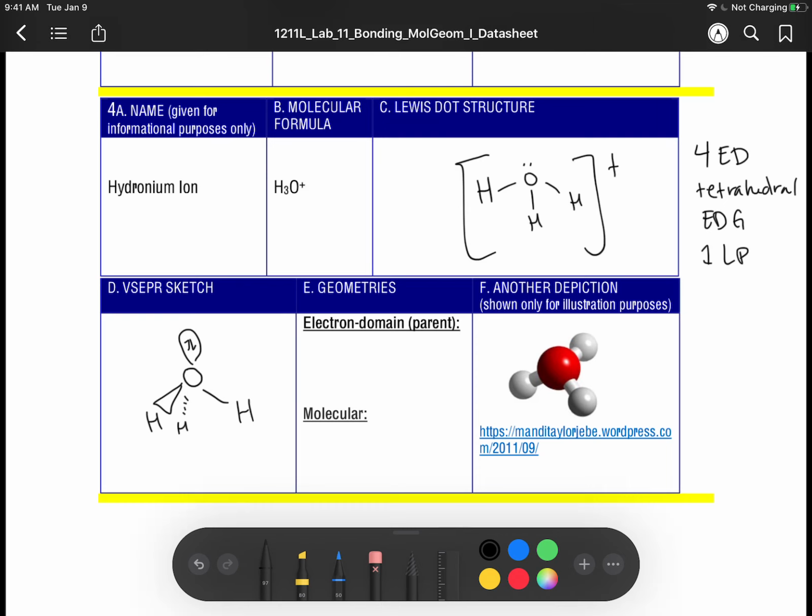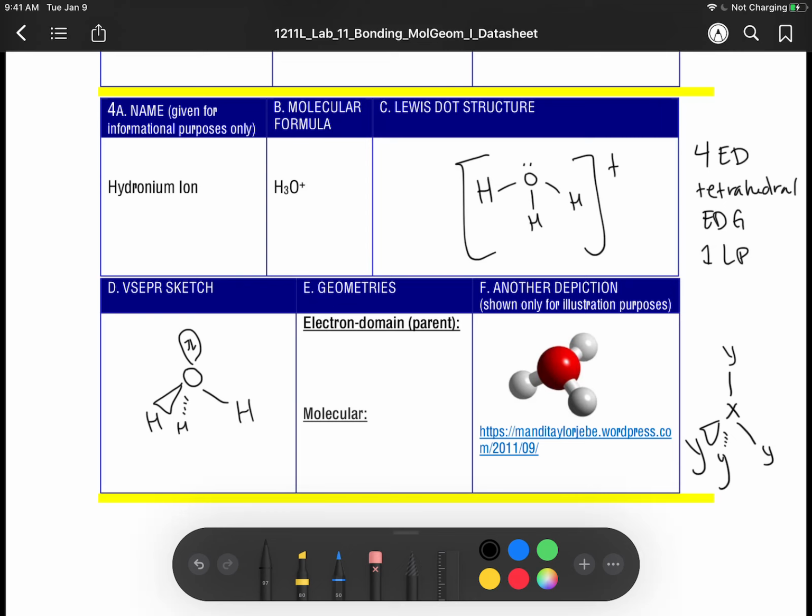So any tetrahedral structure, some X, you have 2 things in the plane, one in front and one behind when we're showing our VSEPR sketch.